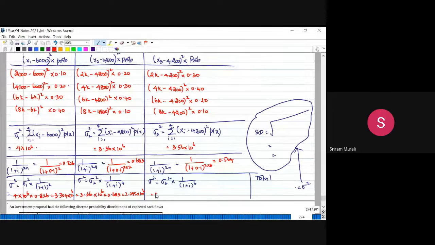The last case is this, so the total. This is my total. Add everything and take a square root.